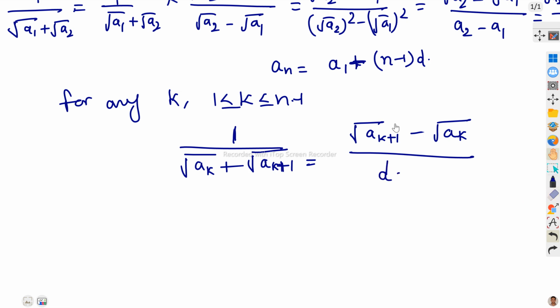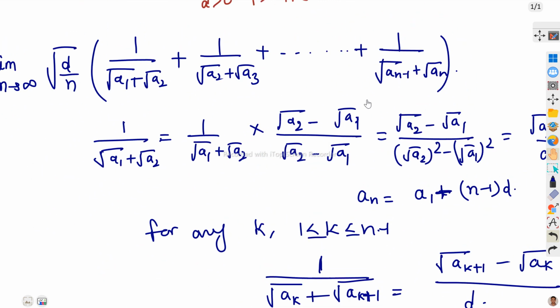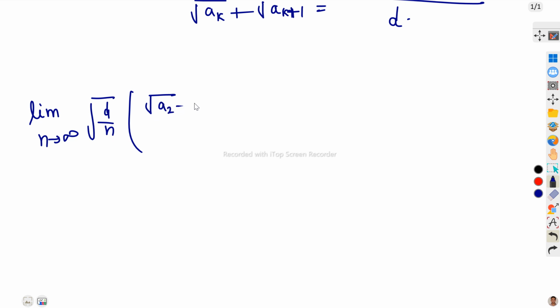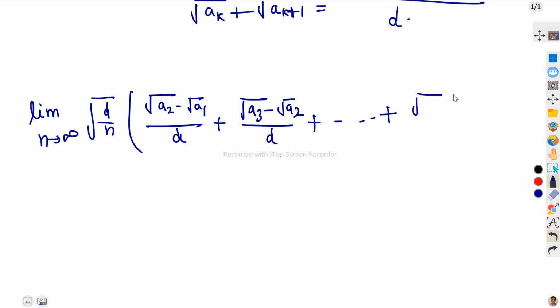So using this substitution, we are going to write the limit as n tends to infinity of square root of d upon n times square root of a2 minus square root of a1 upon d, again square root of a3 minus square root of a2 upon d, and so on up to square root of an minus square root of an minus 1 upon d.